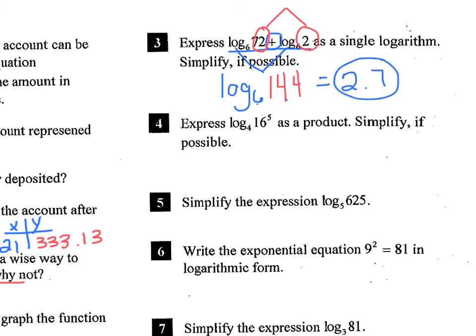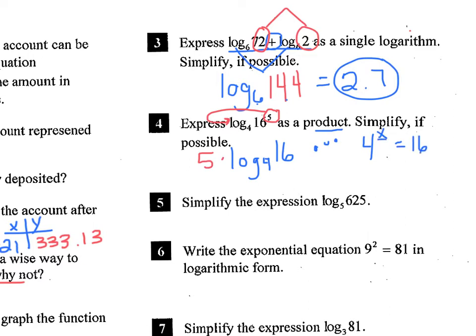For number 4, it says express this as a product because the first thing you have to do is take that 5 that's the exponent and move it out front. So this problem becomes 5 times log base 4 of 16. Now our job is to simplify the blue part. What we're really thinking over here to the side is 4 to what power gives us 16?